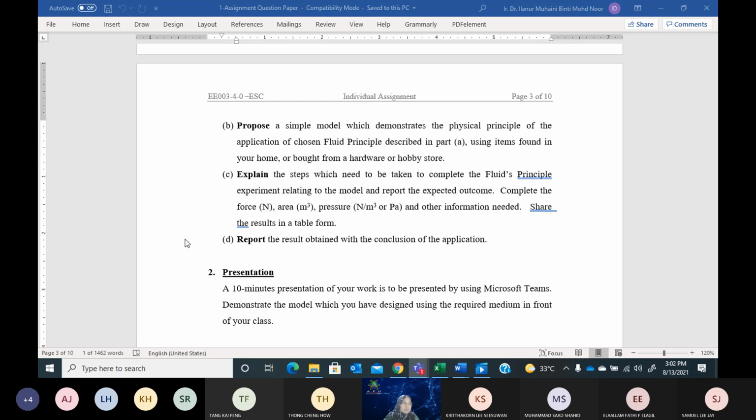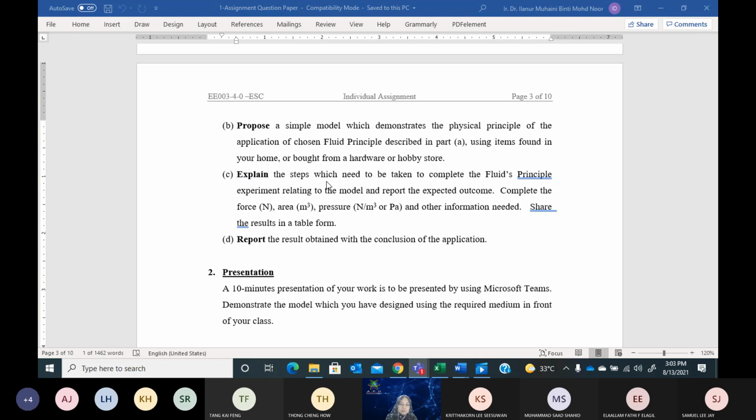After that, in the explanation of the steps, you cannot use present tense. All the explanation must be in past tense, because you have been doing it in your house, you have constructed it.